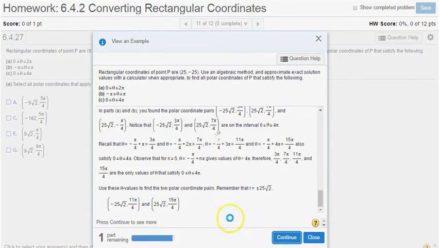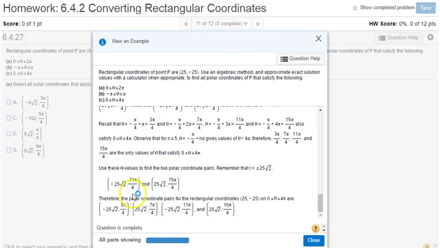So here you can see them pairing up the values all together. You should have two of them that use negative 25 root 2 paired with 3 pi over 4 and 11 pi over 4, and two of them that have positive 25 square root of 2 paired with 7 pi over 4 and 15 pi over 4. So make sure you pair them according to the quadrant of the coordinate that you have.